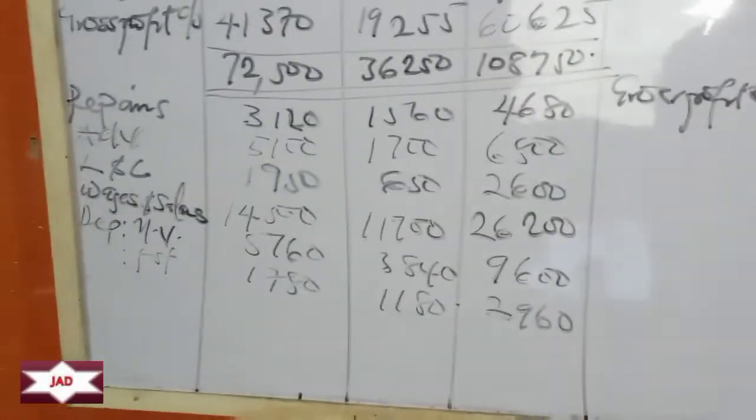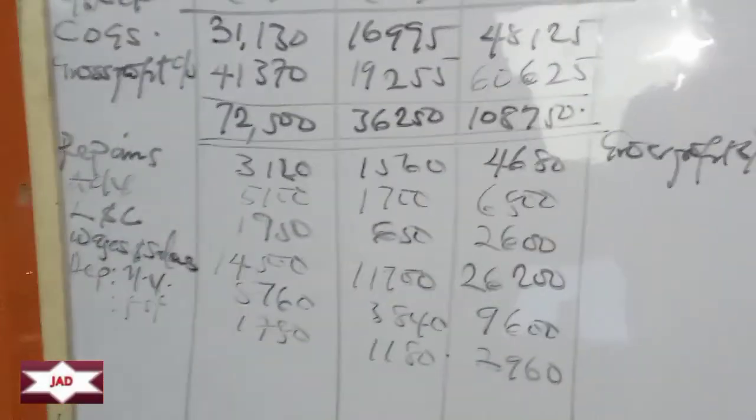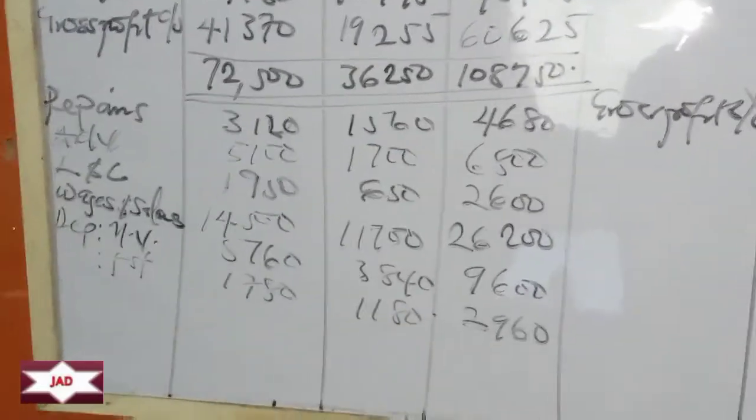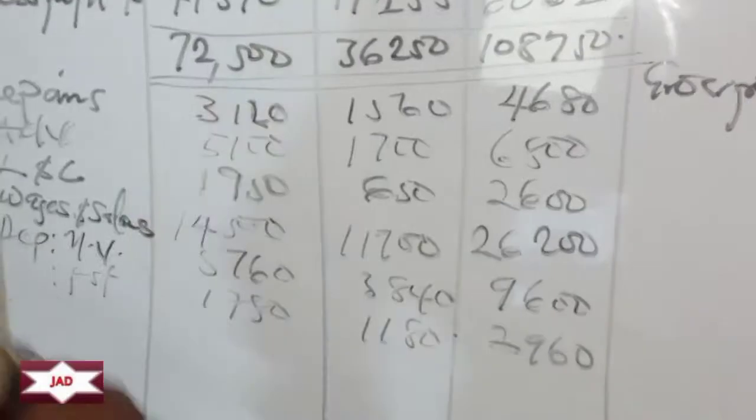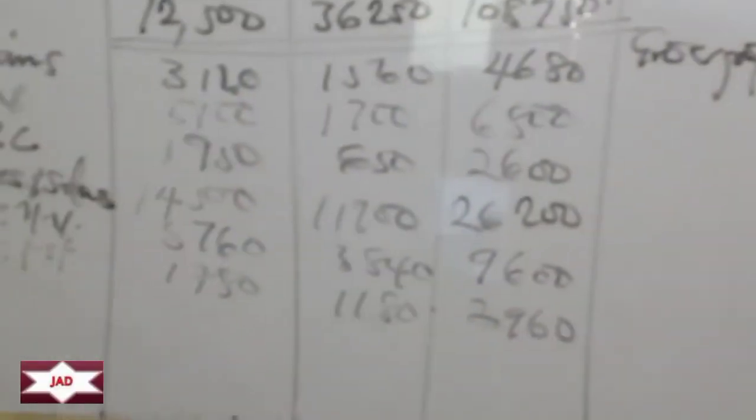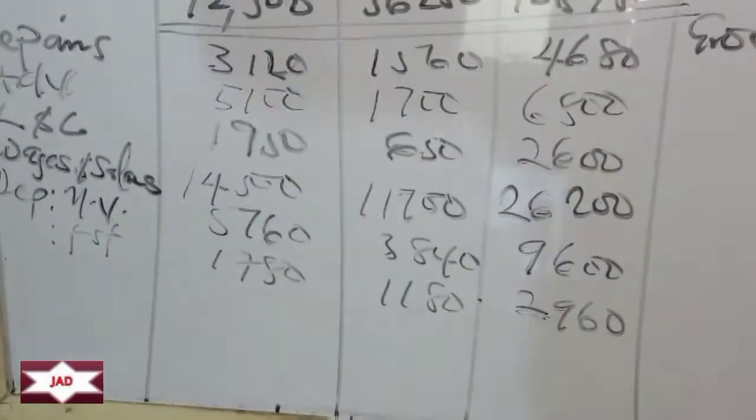So let's calculate and balance up. So how do we add up all your expenses here, take it out of your gross profit, to see if you have a net profit or a net loss. So let's add up here.